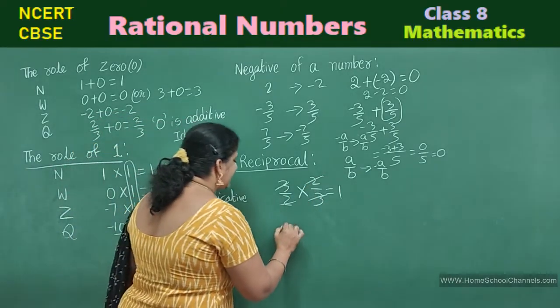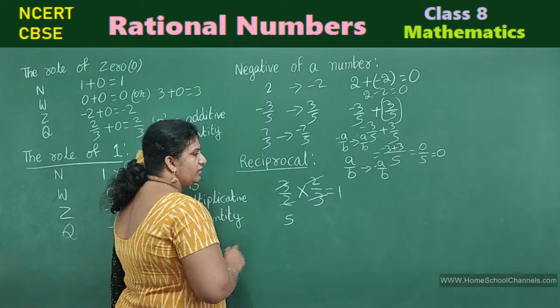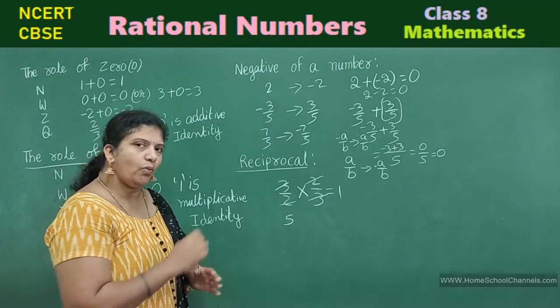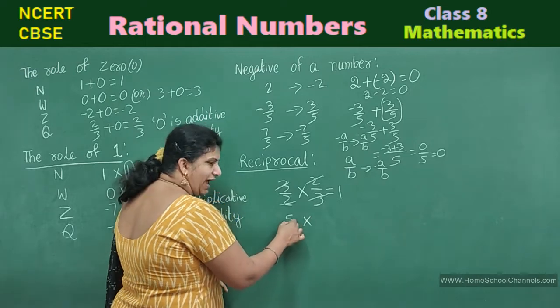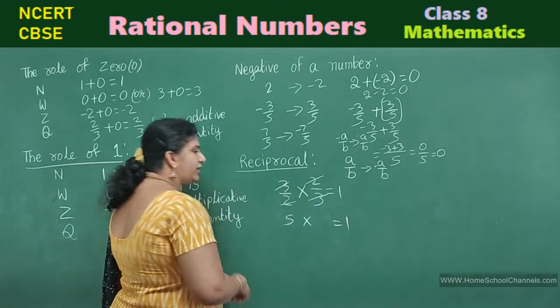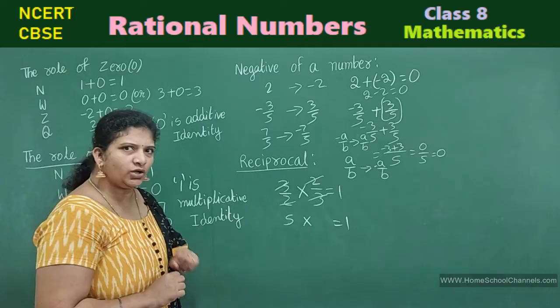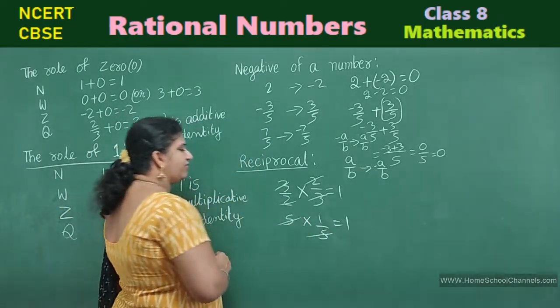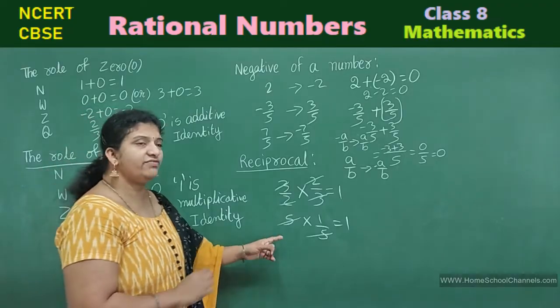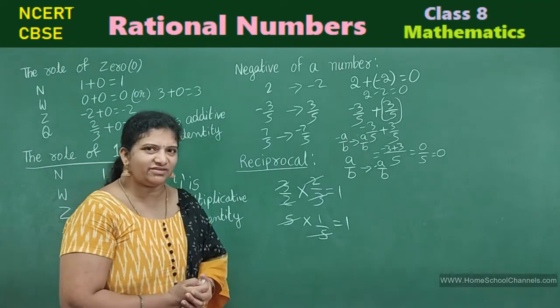Suppose I take only 5 here. What is the reciprocal of this? For 5, you need to cancel this 5 in order to get product 1. With what can you cancel? If I write 1 by 5, 5 will be cancelled. For 5, the reciprocal is 1 by 5.